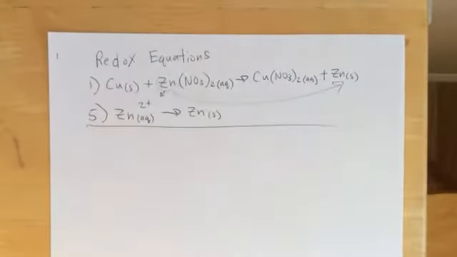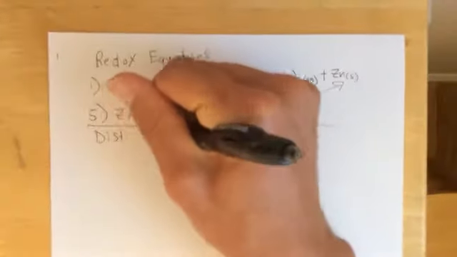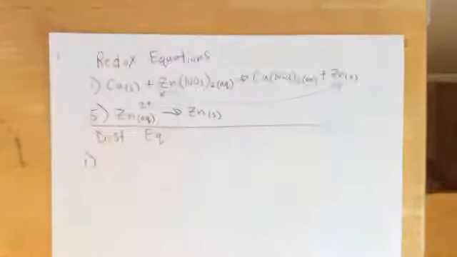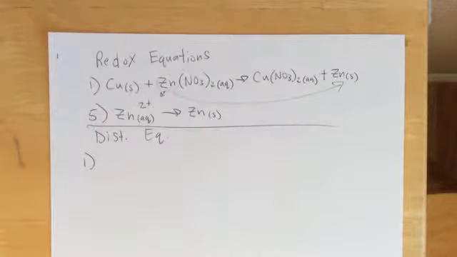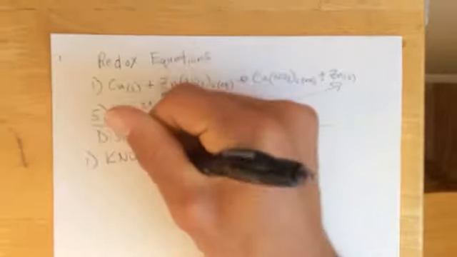Alright, and for the second lab, disturbing equilibrium, I'm just going to abbreviate that. For number 1, it asks for a balanced equation, and so this is going to be it for our potassium nitrate.